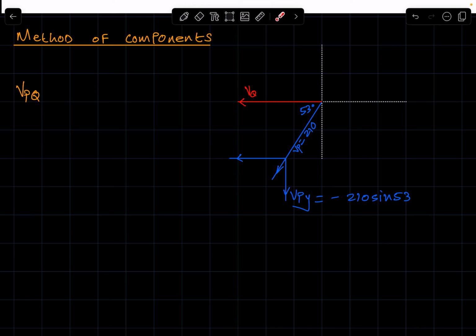Here's another thing I forgot to mention: in having to resolve an oblique vector into its components, you must make sure that the angle you are using is referenced from the x-axis. Why is that important? That's important so that the y component of that vector is in terms of sine and the x component is in terms of cos.